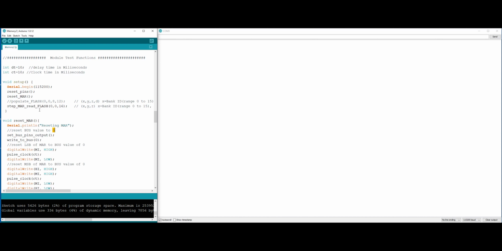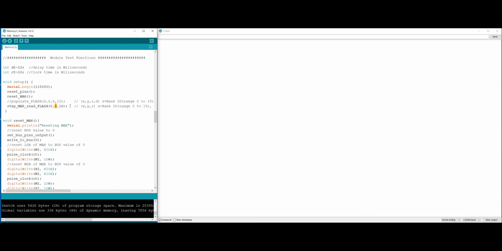For the read operation, I'm passing 3 parameters. The first parameter is the bank ID. We have divided our flash memory into 16 banks, and I'm passing one parameter to select the bank ID that we will be reading from.